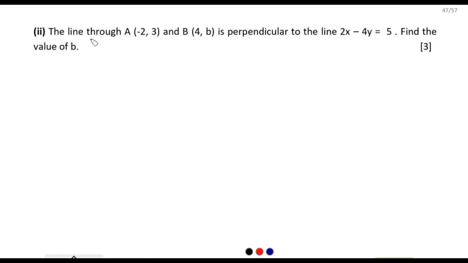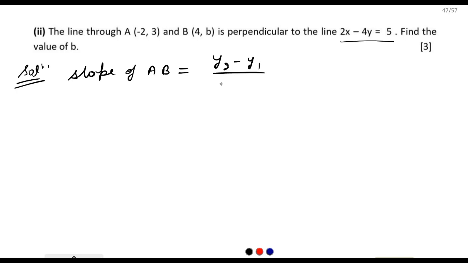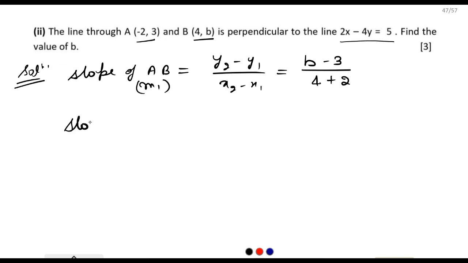Second part, a line through A and B is perpendicular to this line. Find the value of B. First of all, we are finding slope of AB by applying the formula y2 minus y1 upon x2 minus x1. This is x1 y1 and this is x2 y2. That is m1. Now we are finding slope of given line.